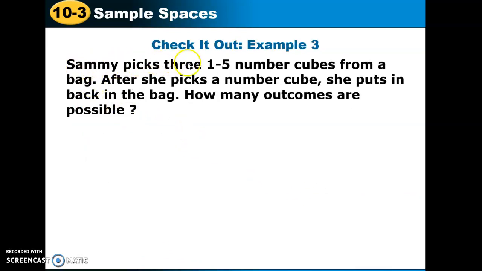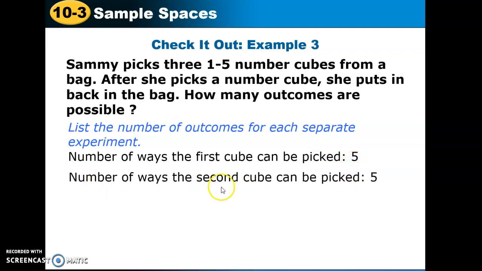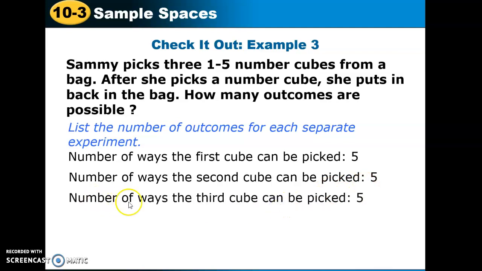Next one, Sammy picks 3 number cubes numbered 1 through 5 from a bag. After she picks a number cube, she puts it back into the bag. How many outcomes are possible? Okay, so for the first number cube, there are 5 options. For the second number cube, also 5 outcomes. And then the third cube, also 5 outcomes.